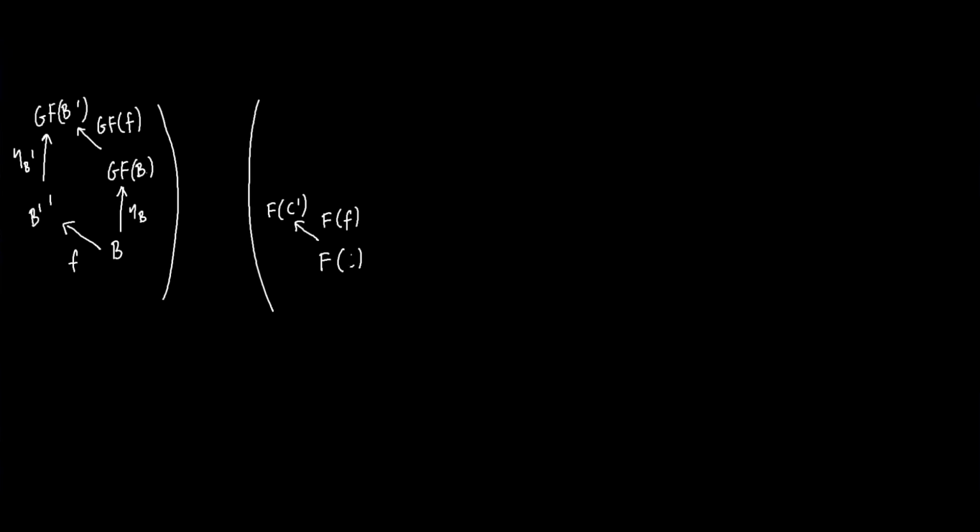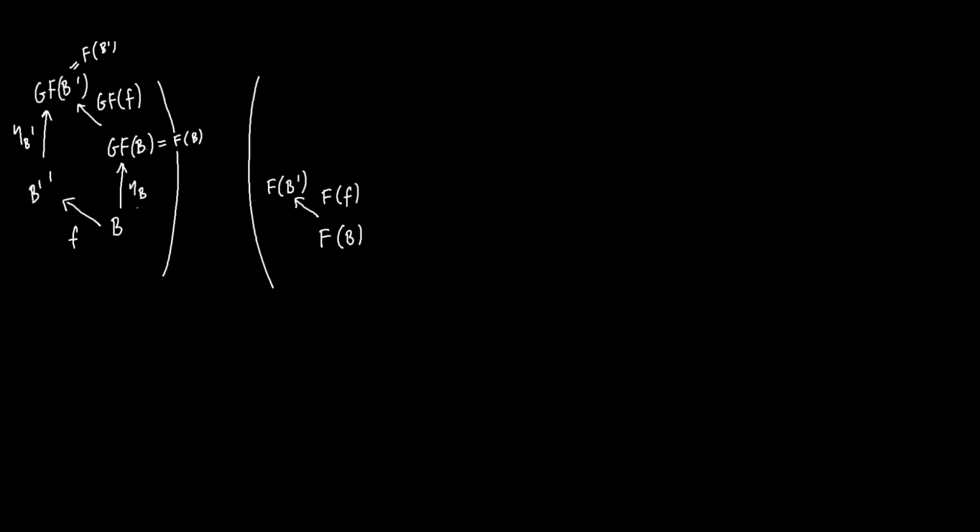And then also we need to remind ourselves what F and GF do. So remember, F is just taking the vector space with basis B, and G is taking the underlying set of vectors. So in fact, GF of B is a set, the same as F of B in this specific situation, and the map eta just maps every basis element of B to that vector in the vector space.